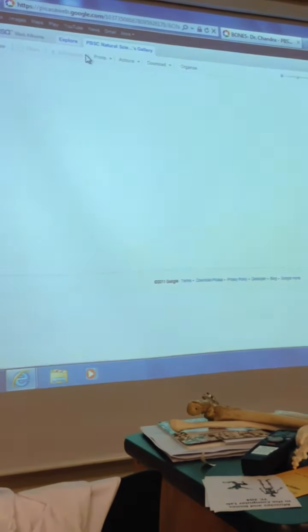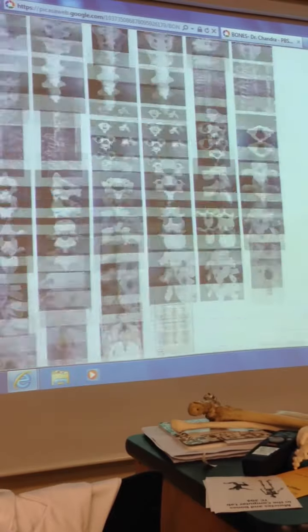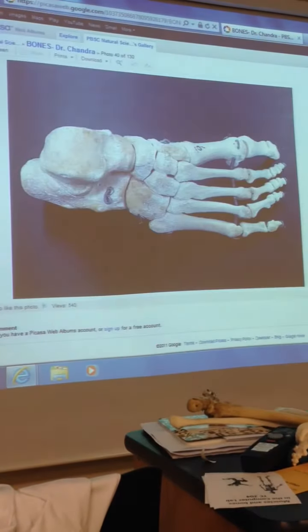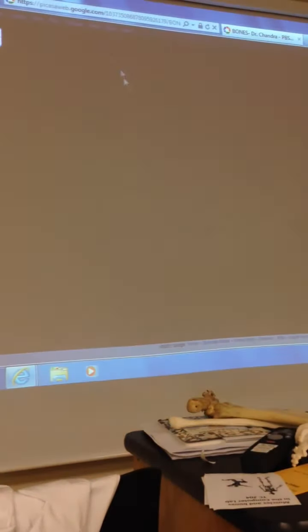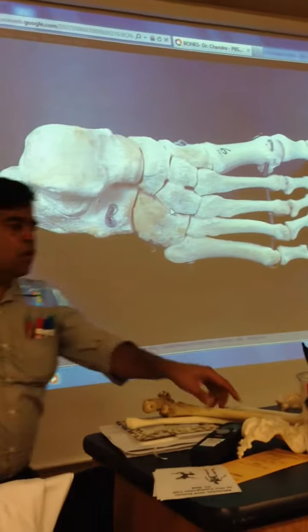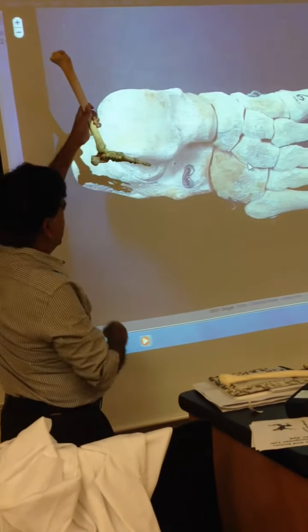Then let's look at the foot. Foot is easy compared to the hand. If you have a foot, it looks like that.